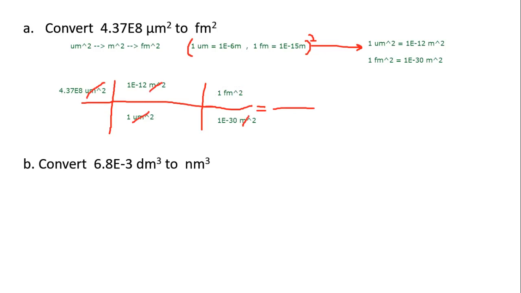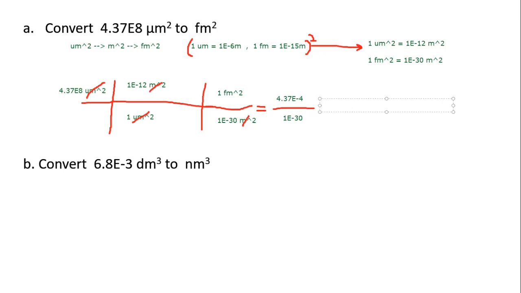So again, when you multiply, you add exponents. So 10 to the 8th times 10 to the negative 12th would be 4.37 e to the negative 4. And then we have 1 e to the negative 30th on the bottom. So when you divide, you subtract the exponents.